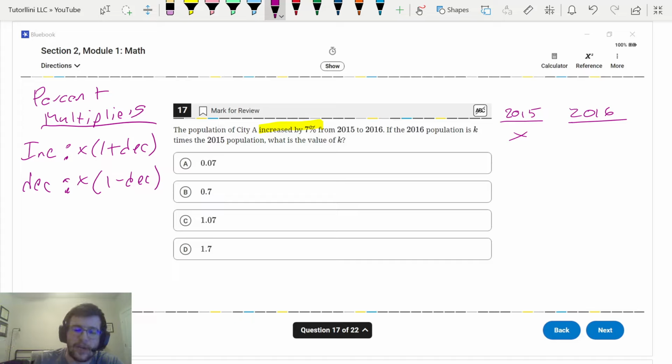Okay, so give me 1 second here. And let's look at this one, a systems of equations question.